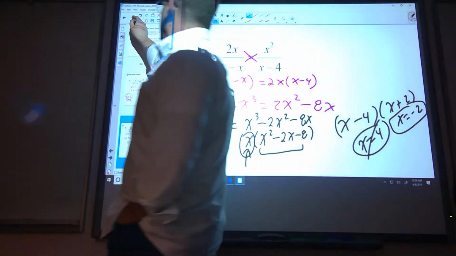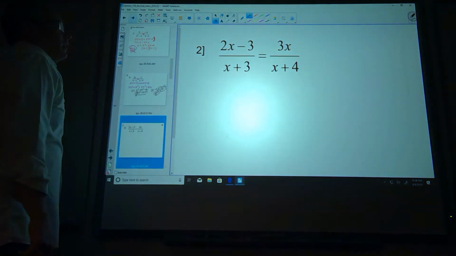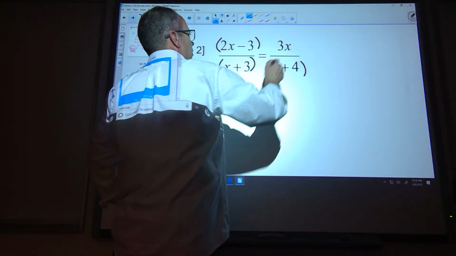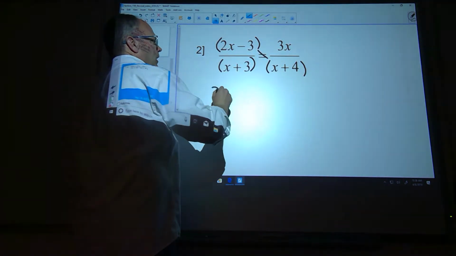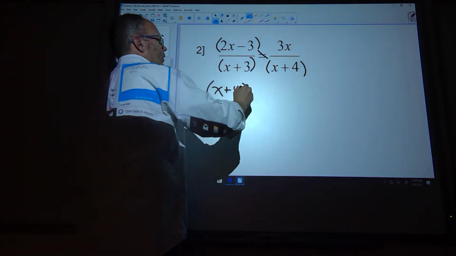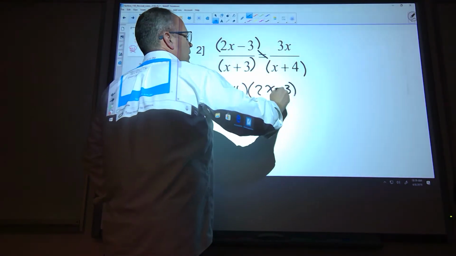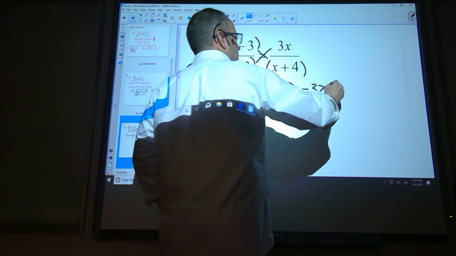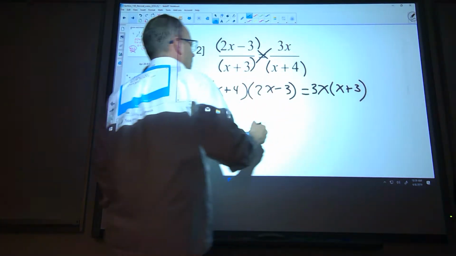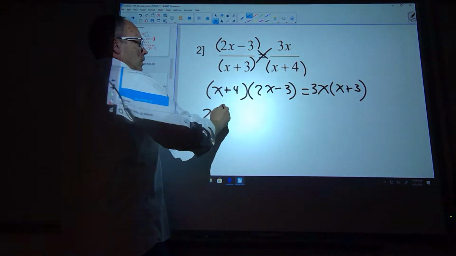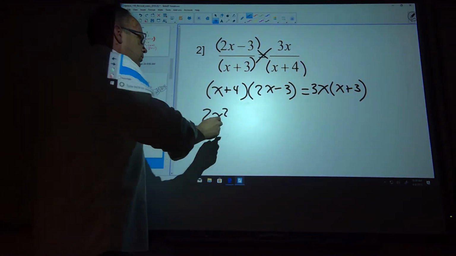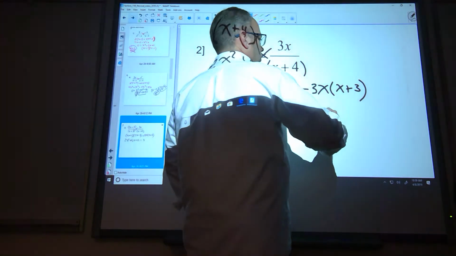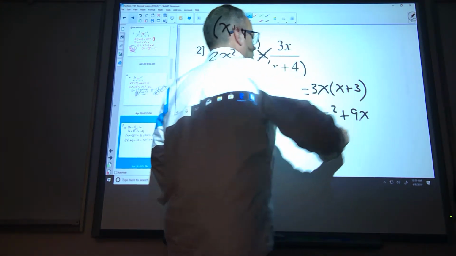All right, now I think we go back to number 2. Okay, cross multiply. And make sure before you do that, put all these in parentheses. So I'm going to go that times that. So I get x plus 4 times 2x minus 3 equals, cross here, and then multiply. 8x plus 5x minus 12 equals 3x squared plus 9x.